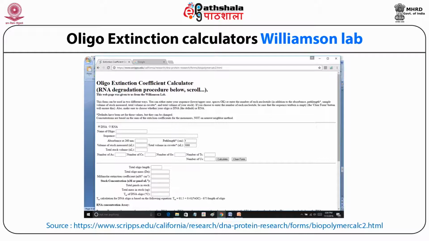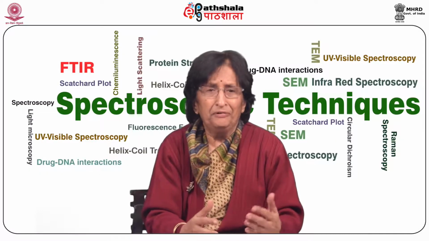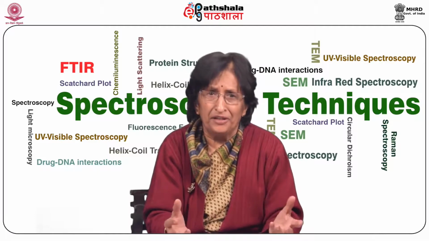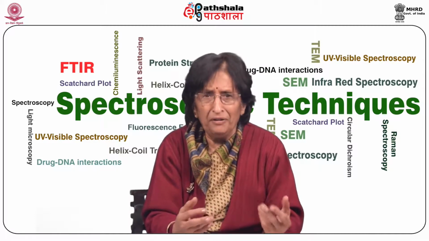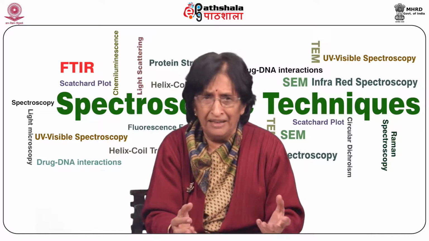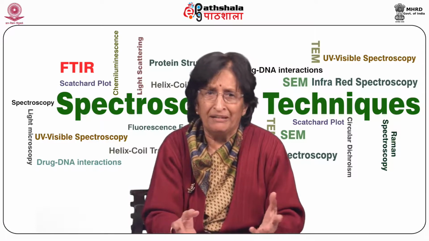You have to just follow the instructions given on their site and put in your data so as to calculate the molecular extinction coefficient for your sequence. There are many oligo extinction calculators, and you can use any one of them.